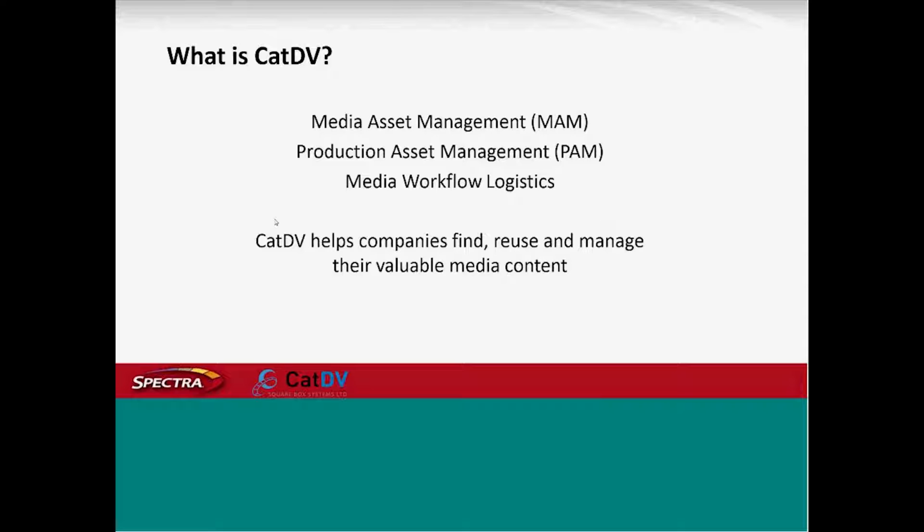Essentially, what does it mean? Well, CatDV helps organizations find, reuse, and manage their valuable media content. And it's fairly simple. Everybody these days is creating more and more media and is using it to engage their stakeholders in a variety of new and unusual ways compared to only a few years ago. And CatDV really helps to bring order to that kind of chaos.